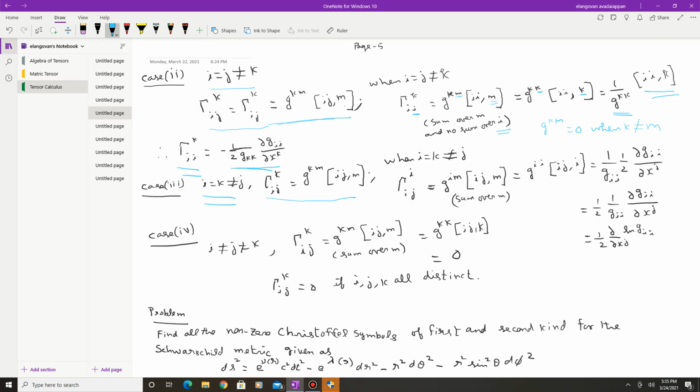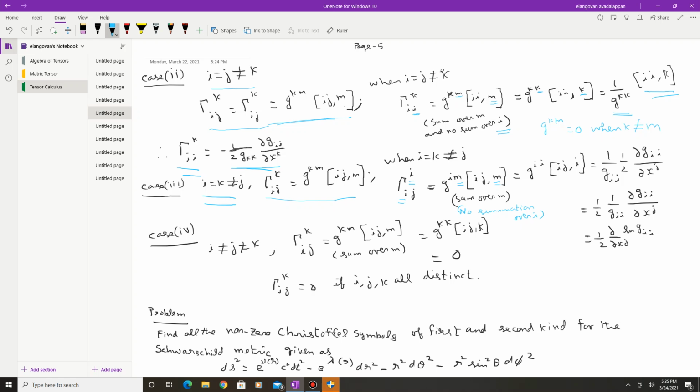You substitute I is equal to k. So this I and k are equal. According to the definition, this will be g I m times I j comma m, and here there is a summation over m. That is, there is a summation over m, but there is no summation over I. That is important. No summation over I. There is summation over m only.